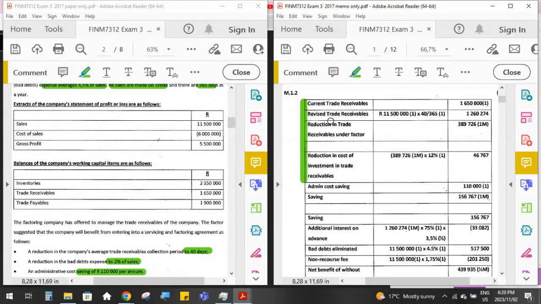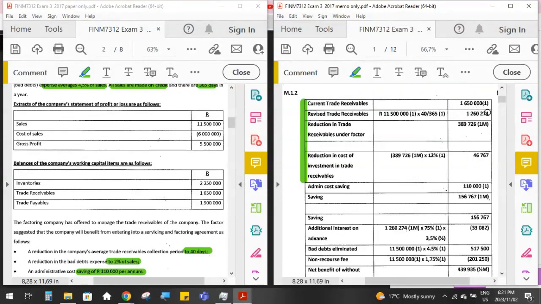The revised trade receivables, remember they told us collections period will be 40 days. So we recalculate total sales. Remember they said all of these sales are credit sales because we're only going to use credit sales for this calculation. Total credit sales for the year multiplied by 40 over 365.